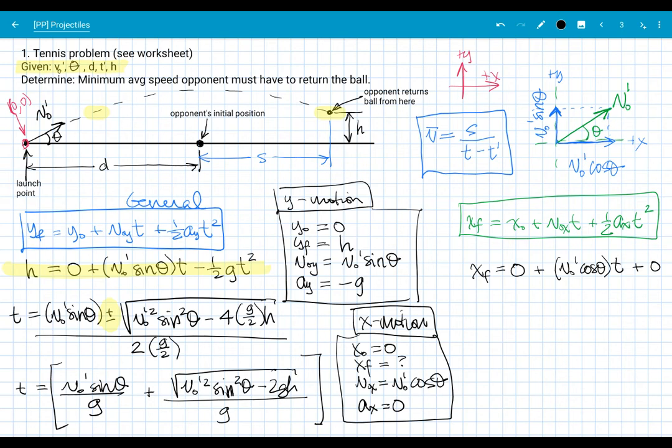Then in order to express my x final, what I need to do is multiply v naught prime cosine theta times that big expression for t that we figured out, and that'll give me the x final that I need. I'm going to do that on the next page just so I can have a little more space.